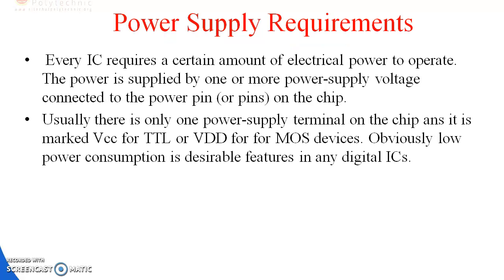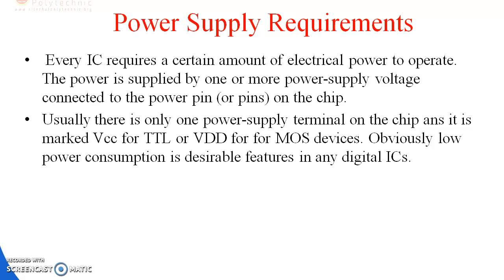Next characteristic is power supply requirement. Every IC requires a certain amount of electrical power to operate. The power is supplied by one or more power supply voltages connected to the power pin on the chip.